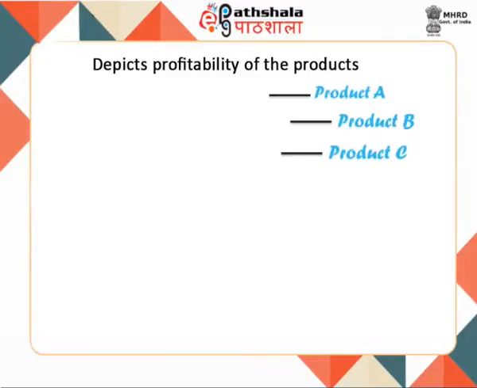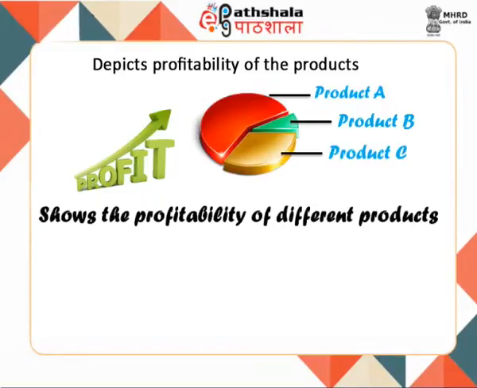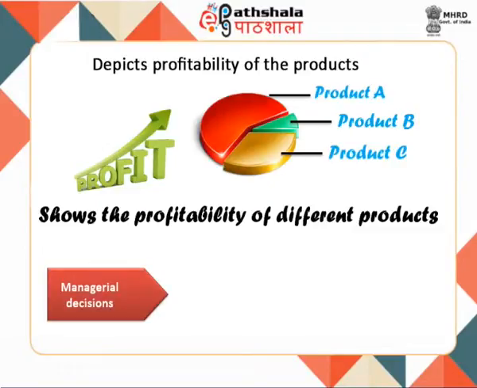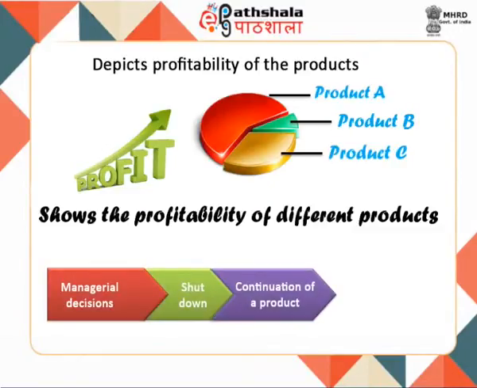Number 2, it depicts profitability of the products. Besides the break-even point, where the business is in a no profit and no loss situation, the break-even chart also shows the profitability of different products and thus helps in managerial decisions regarding shutdown or continuation of a product or the business as a whole.